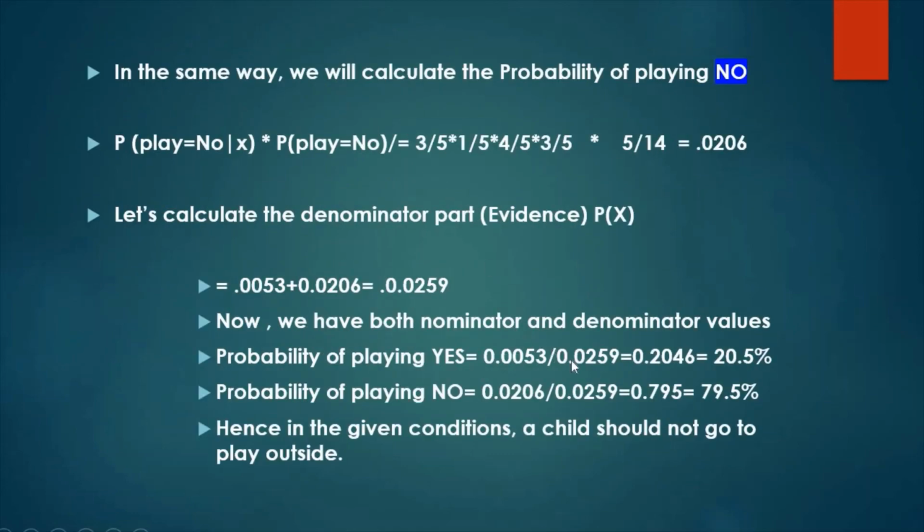In the similar fashion, the probability of playing no is equal to 0.0206 divided by the denominator, that is the evidence 0.0259, and we got 0.795, equivalent to 79.5%. Hence we can see that we got a result for a condition that was not stored in the dataset.